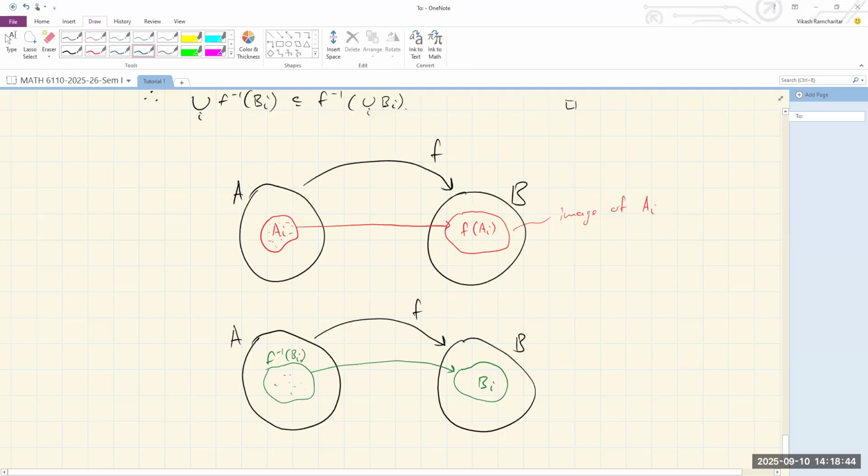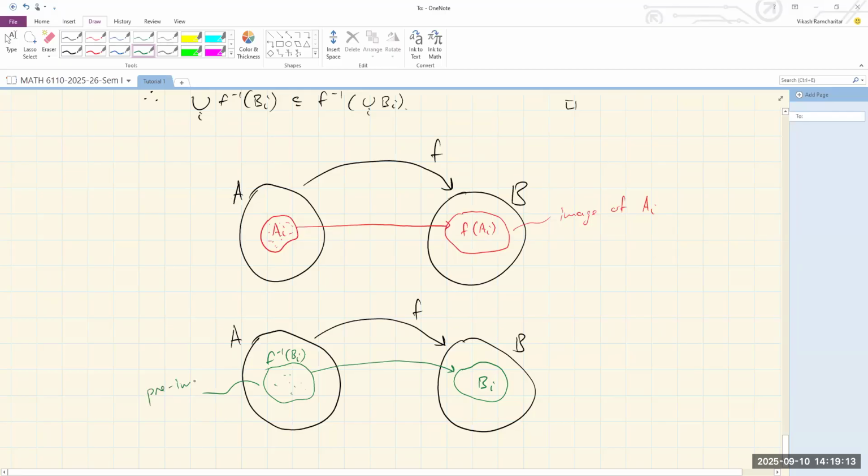So it's two different ways of looking at things. You could either take a subset of the domain and look at what you get when you apply f to it, that's the image, or you could take a subset of the codomain B and look at all of the elements in the domain that got mapped there. This is called the pre-image.